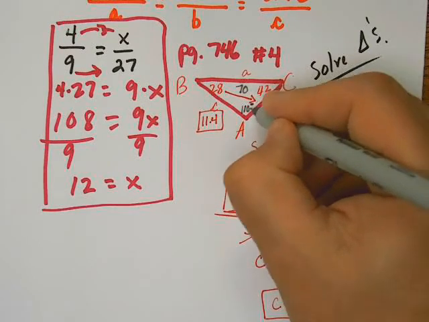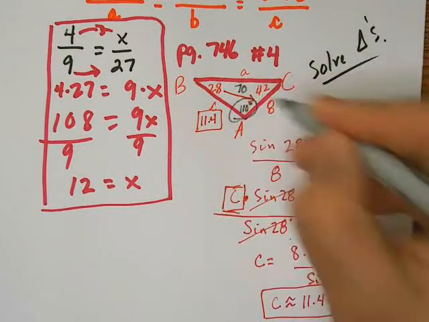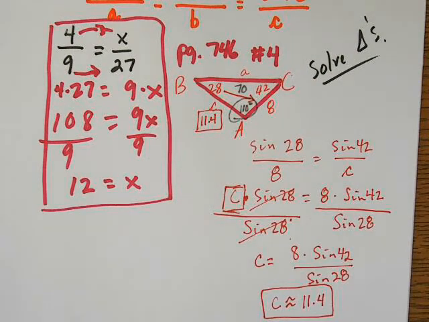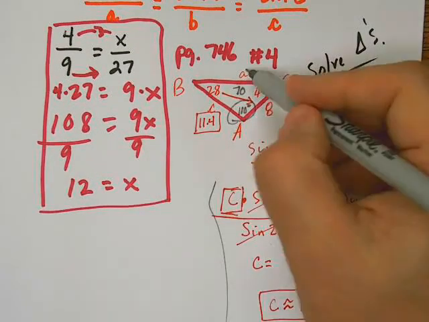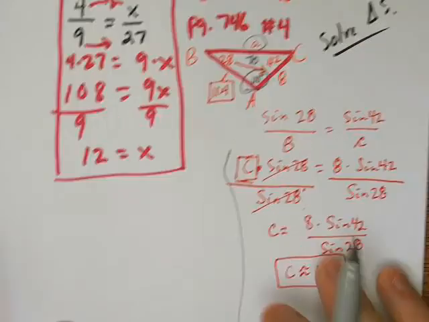Say it with confidence, Aurora. 110. That is correct. Okay, we're almost done. Now we've solved for C. We've solved for the measure of angle A. Now we've got to solve for side A right here.